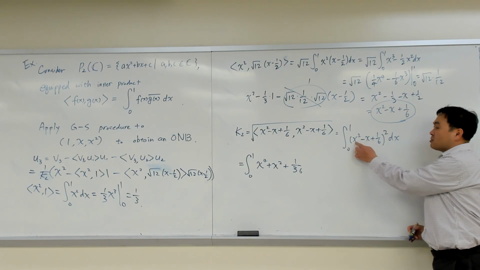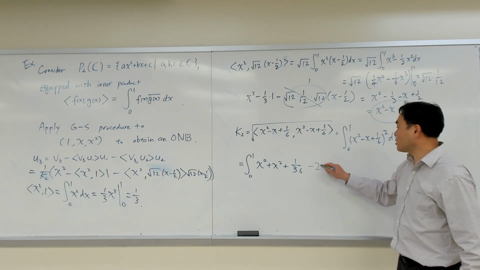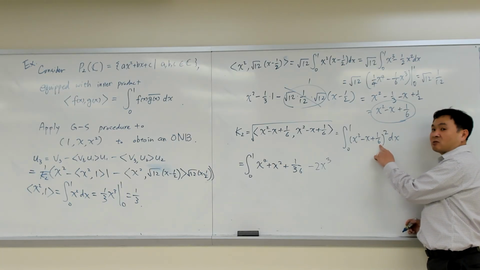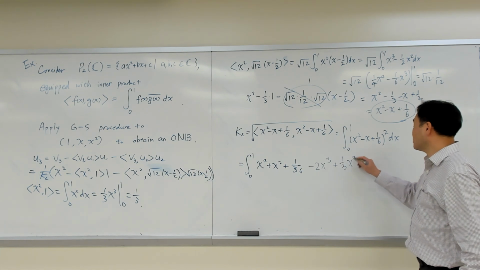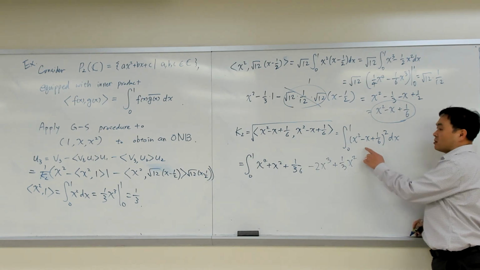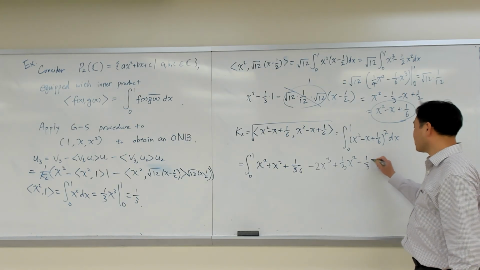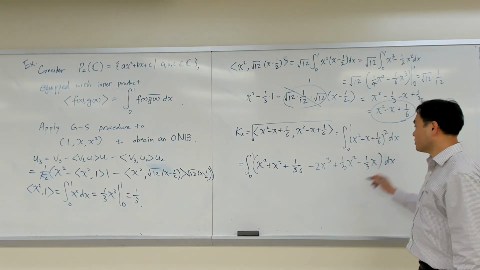So this times this gives you negative x cubed, but it's doubled. So it's minus 2x cubed. This times this gives you positive 1/6 x squared, but it's doubled, so it's plus 1/3 x squared. And then this times this gives you minus 1/6 x, and you double it, you get minus 1/3 x dx.